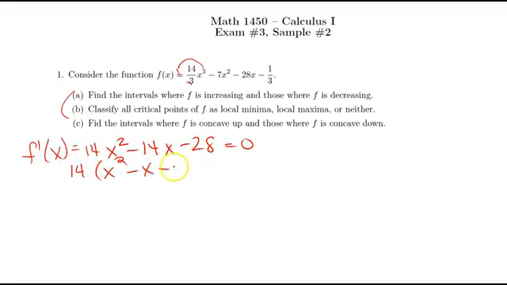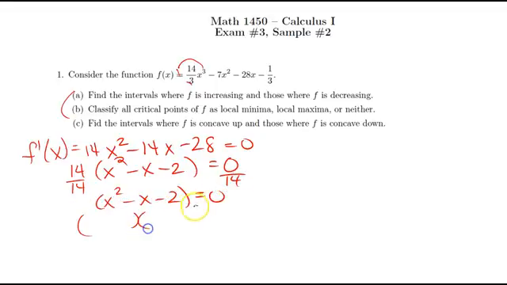This will make our lives easier, right? And since I'm solving, I can divide by this constant. It basically goes away, doesn't it? So this is what we have. And that factors to x minus 2 times x plus 1. So our solutions are x equals 2 and x equals negative 1.